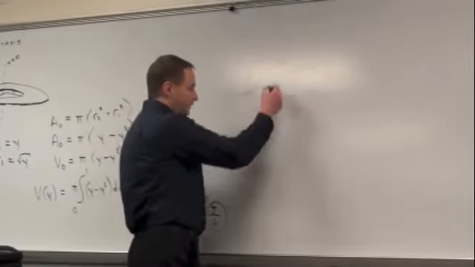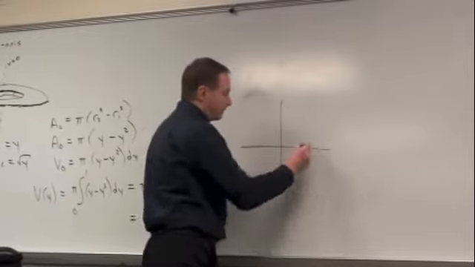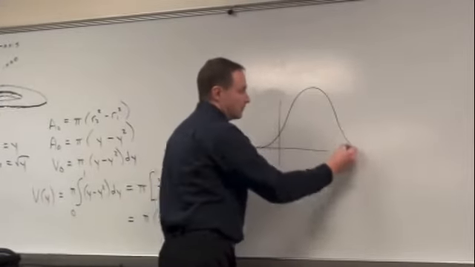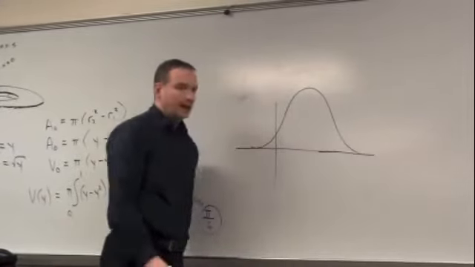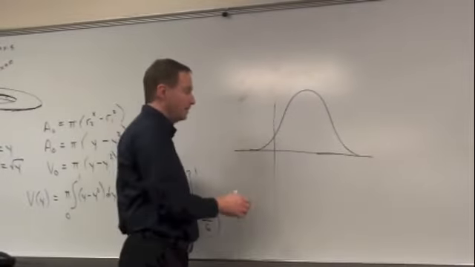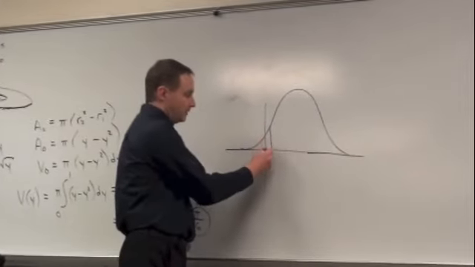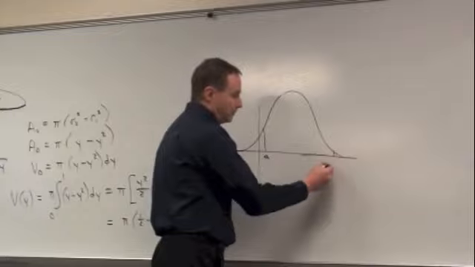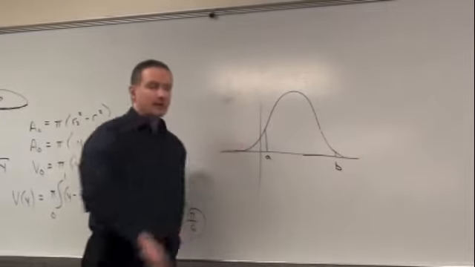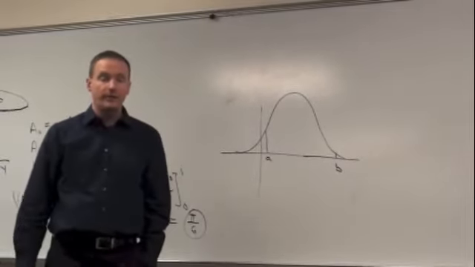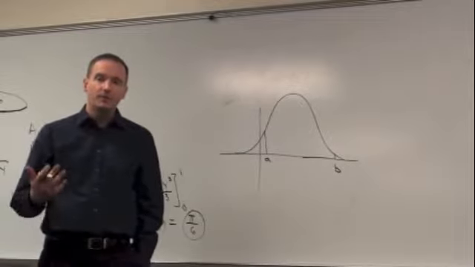What if my curve f of x looks something like the following? And I say, take this curve f of x from this point A to this point B and rotate it. Good luck with that, because what's the problem?